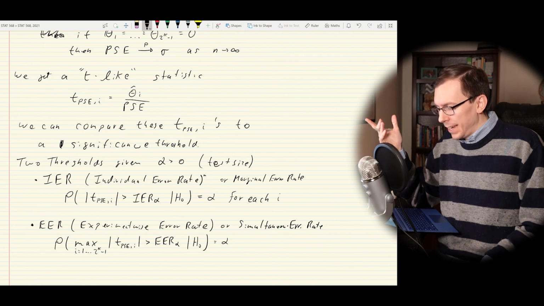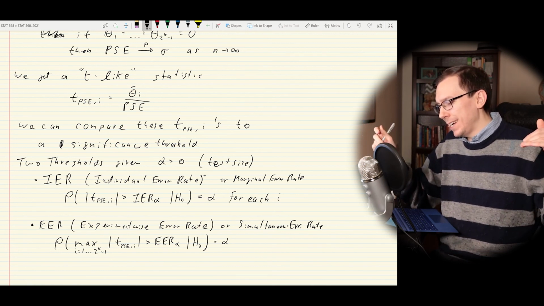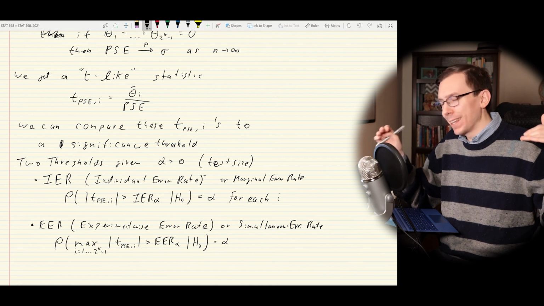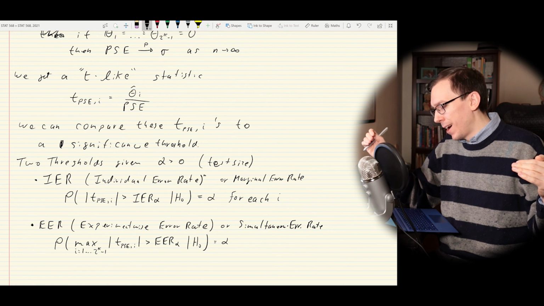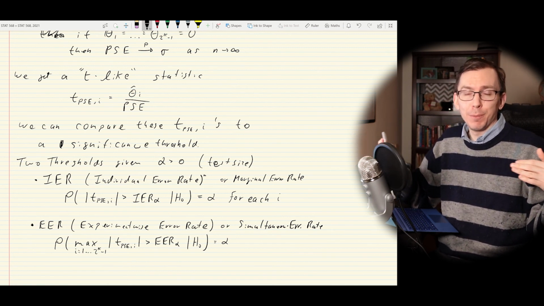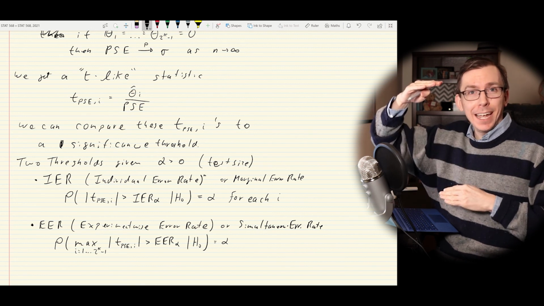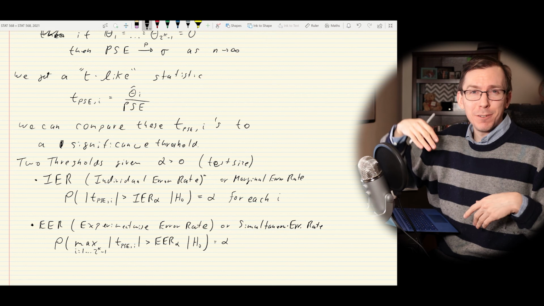So the idea here is this is really just saying the individual error rate is: run the test. It's not corrected for multiple testing. The experiment-wise or simultaneous error rate says correct this for multiple testing. Pick a larger threshold, because we want to make sure that we don't get too many false positives.